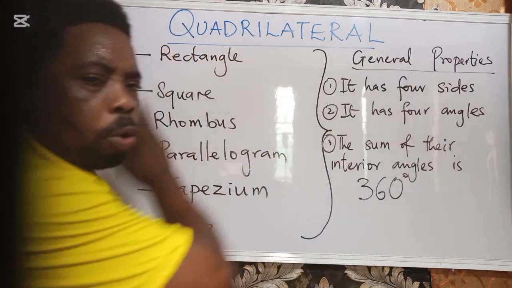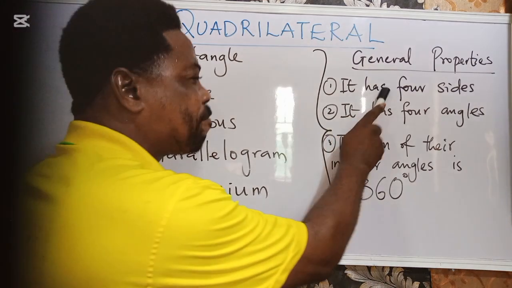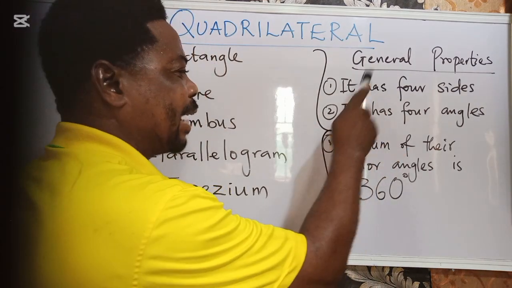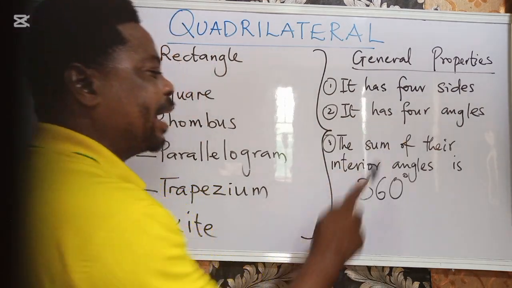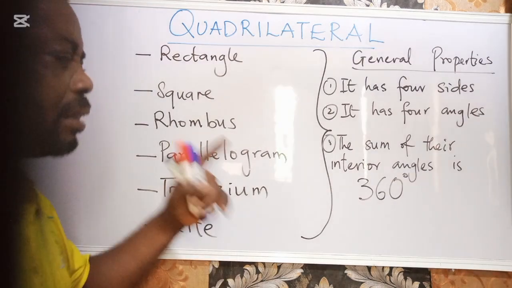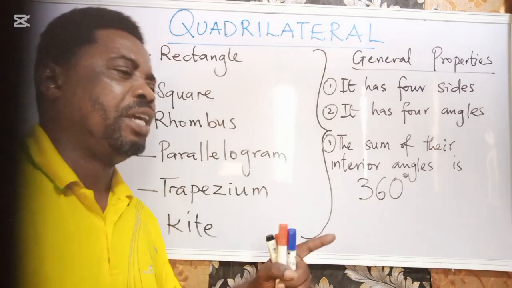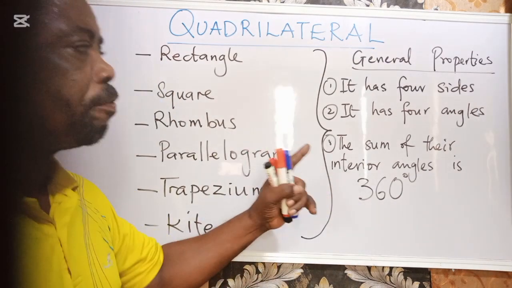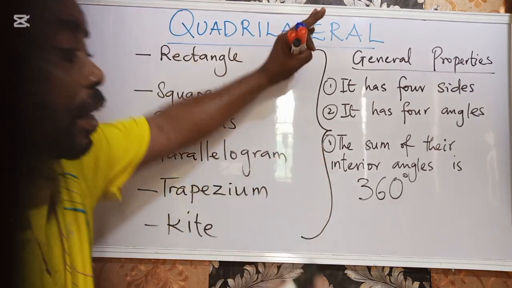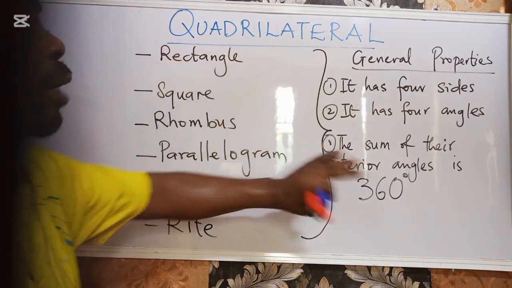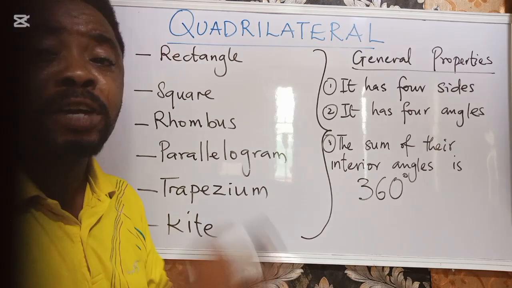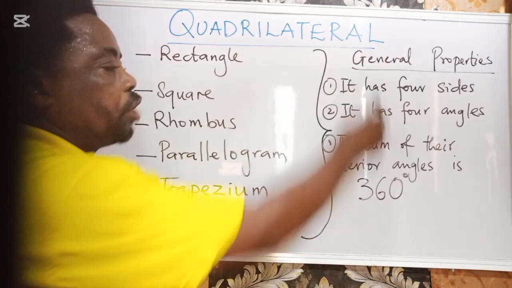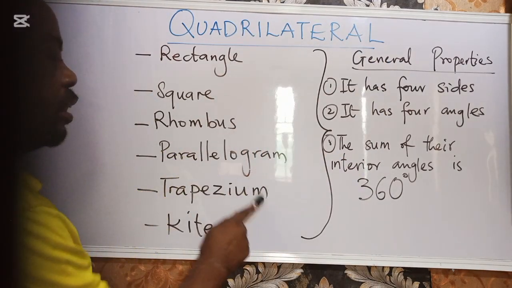Just say these three. They are correct for all of them. All of them have these features. They have four sides, they have four angles, and the sum of their interior angles is 360 degrees. Don't forget that. Even if I stop this lesson here, you have known three properties of each and every one of these.